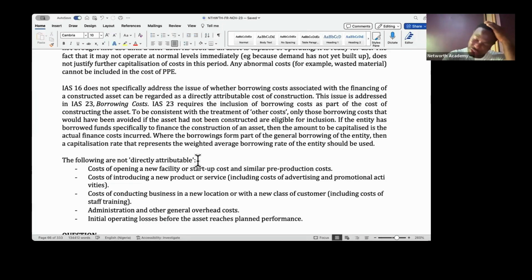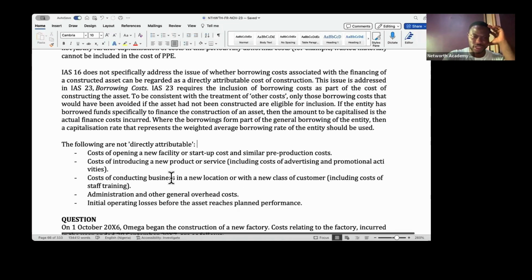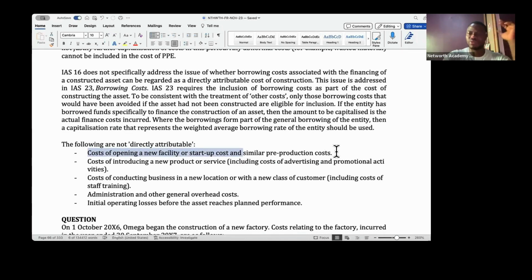I think it was last 3 diets that they asked that in line with IAS 16, mention 4 costs that are not directly attributable. Okay. So the standard gave us some examples that I will need you to use for your exam. One is the cost of opening a new facility or startup costs, or maybe pre-production costs.